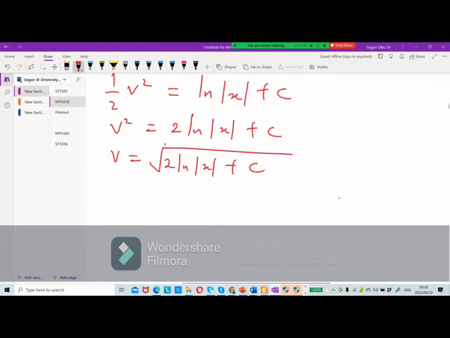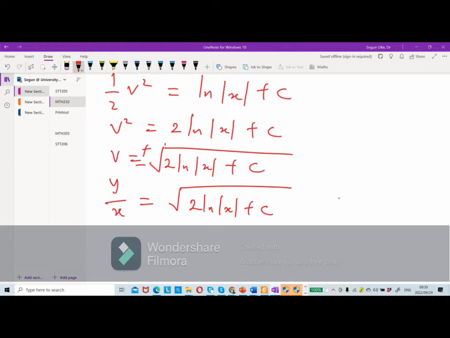So what is our v? y over x. Substitute your v here: y over x equals square root of 2 ln x plus c. Then we can now multiply through by x. Remember it's plus or minus since we are using the square root.